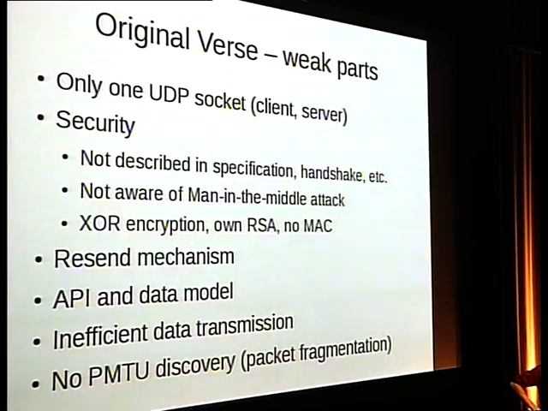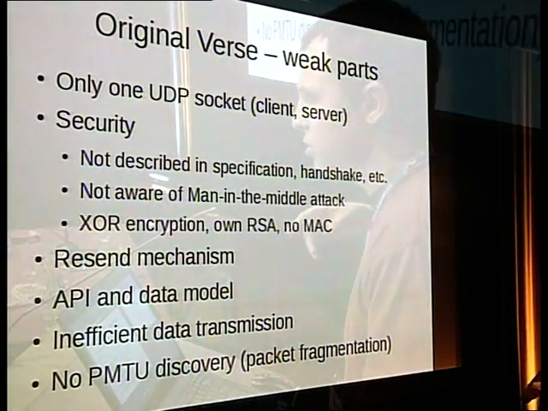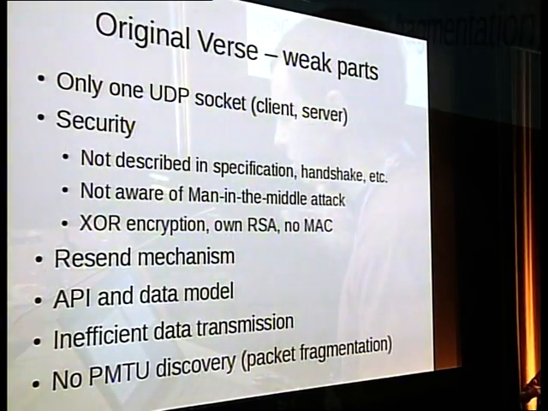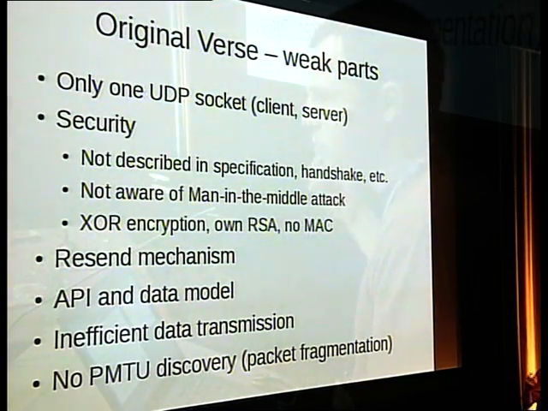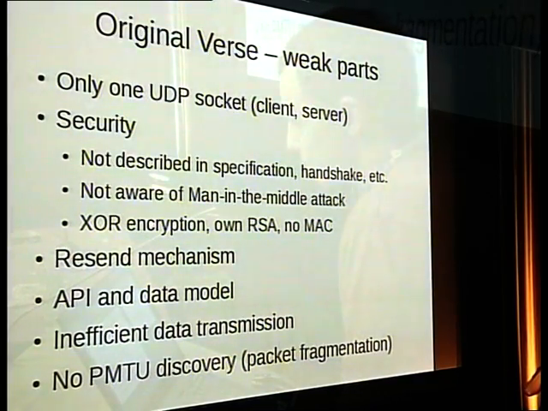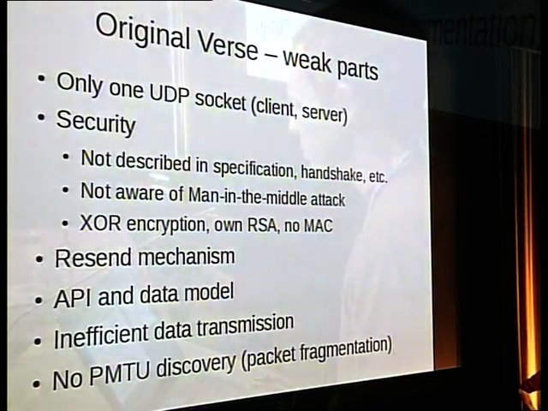It is a problem because a UDP socket has only about 100 kilobytes for buffer, and when you don't read data from this socket fast enough, then the OS layer can drop packets and information. So it's probably the biggest problem in the implementation.